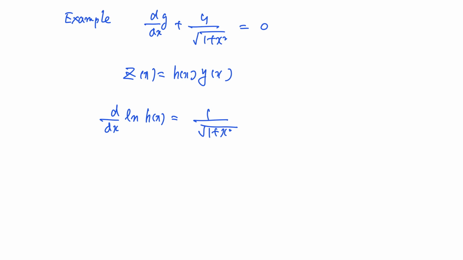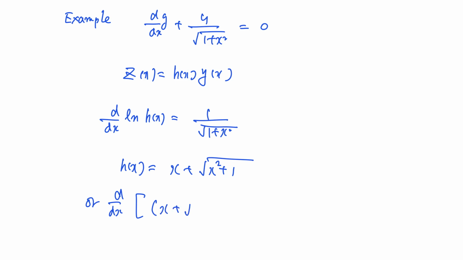We already found that h(x) is given by x plus square root of x squared plus 1. So d/dx of h(x)y(x) is 0, or y is c divided by x plus square root of x squared plus 1.